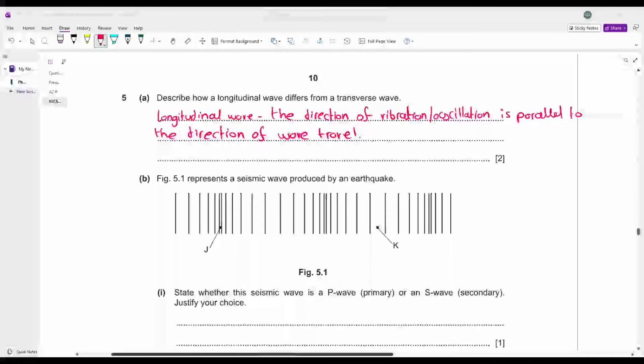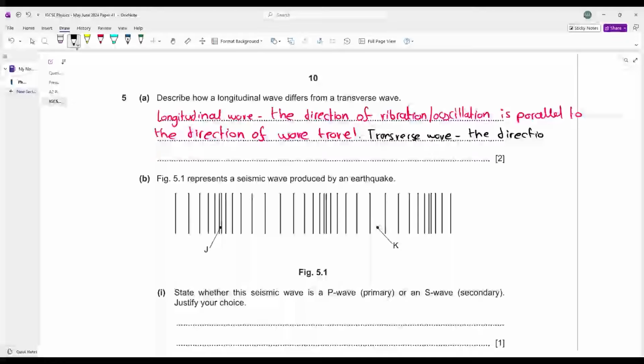ठीक है? Now, ट्रांसवर्स वेव में क्या होता है? आई थिंक आई विल हैव टू स्टार्ट ट्रांसवर्स वेव फ्रॉम दिस लाइन ओनली, क्योंकि स्पेस थोड़ी सी कम है. ट्रांसवर्स वेव में क्या होता है बेटा?